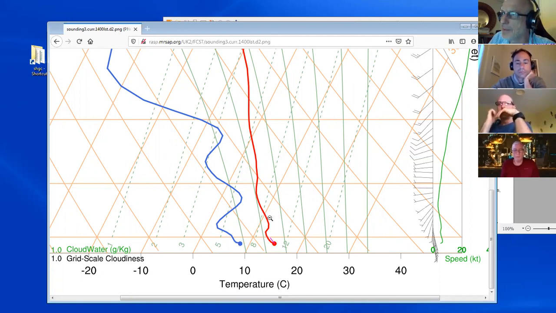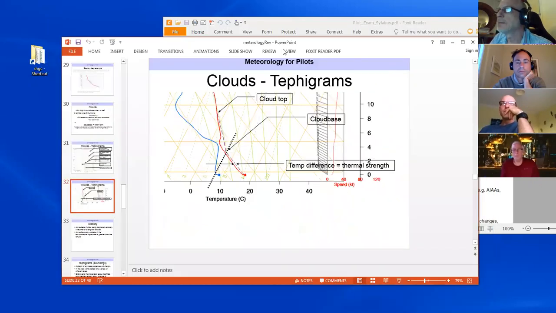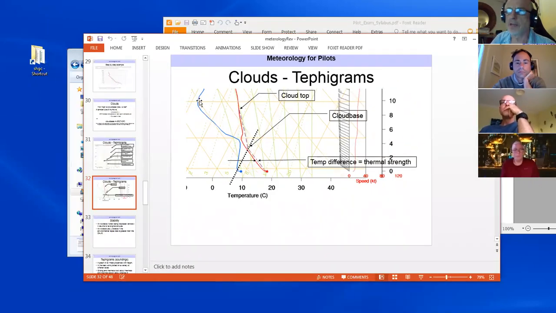It would have to rise to about here to get to dew point. It's not going to do it, so you have no cloud cover. You get blue skies basically. Yeah, so very much like today.